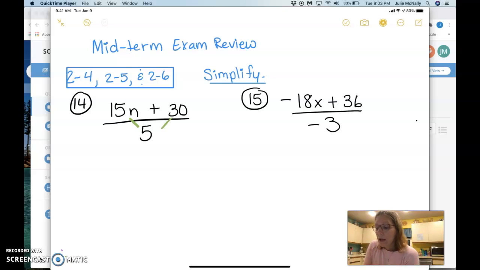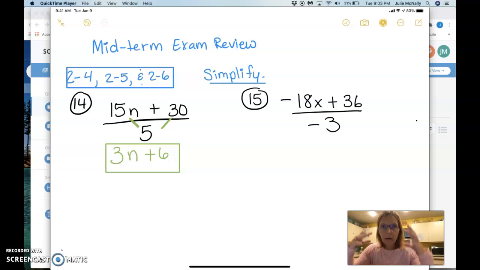So 15n divided by 5 is just going to be 3n. Just divide the numbers and then write the variable. And 30 divided by 5 is going to be 6. And I'm going to stop right there. Typically when you have a problem like this, if there are two terms up top, you're going to have two terms in your answer, because I can't combine a variable with just a number.